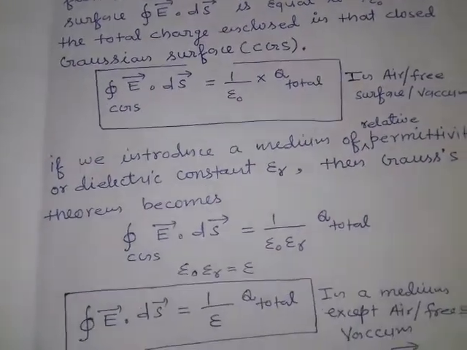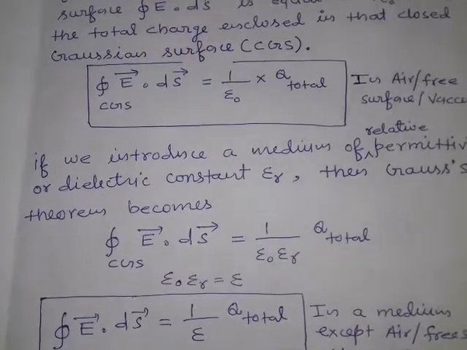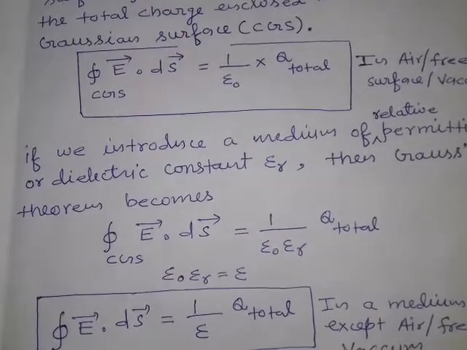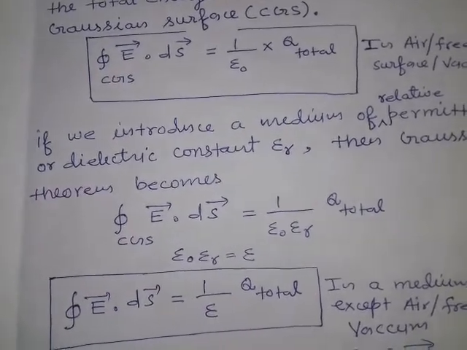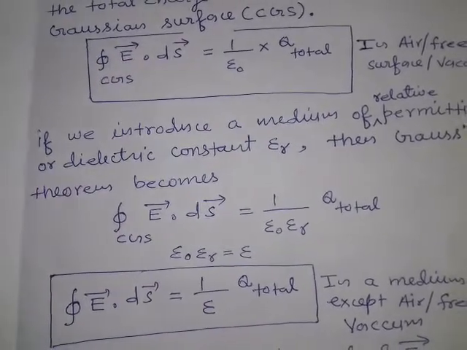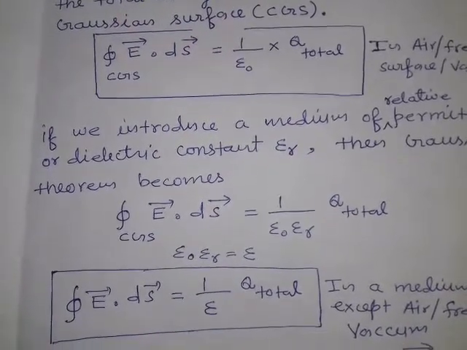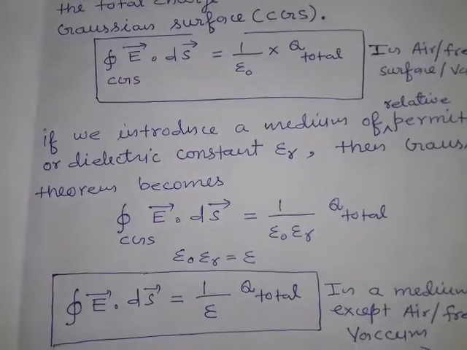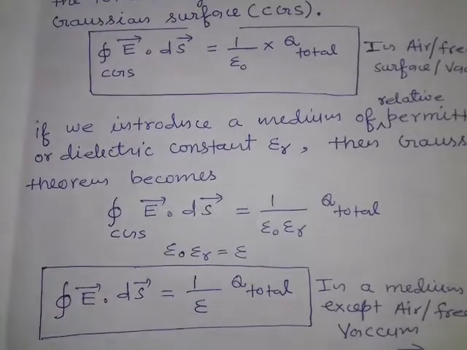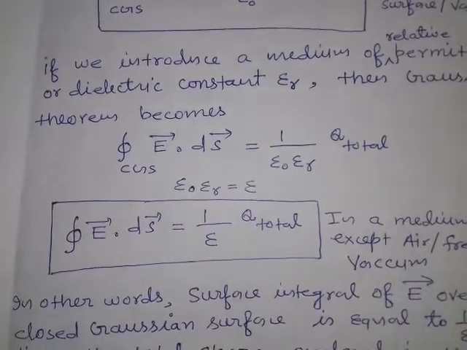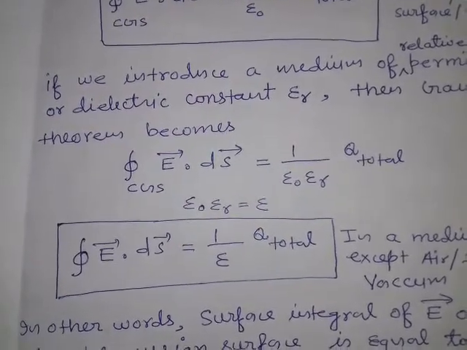If we introduce a medium of relative permittivity or dielectric constant epsilon r, then Gauss theorem becomes integration over closed surface E dot ds is equal to 1 upon epsilon naught epsilon r q total. Now epsilon naught epsilon r is epsilon. Here epsilon is the absolute permittivity of the medium.